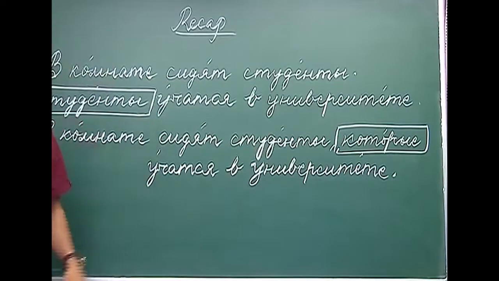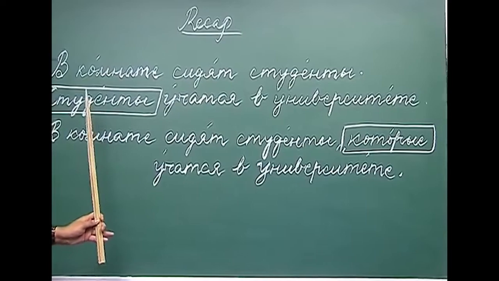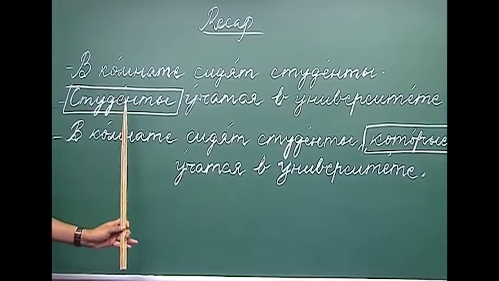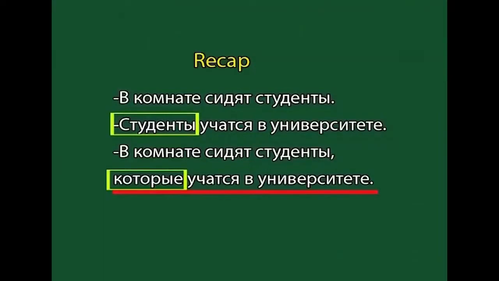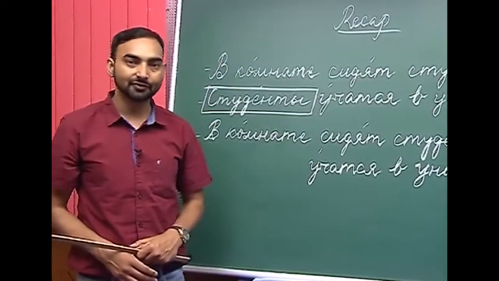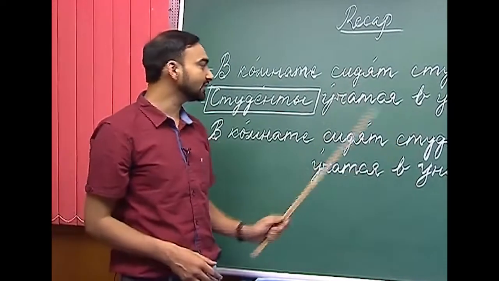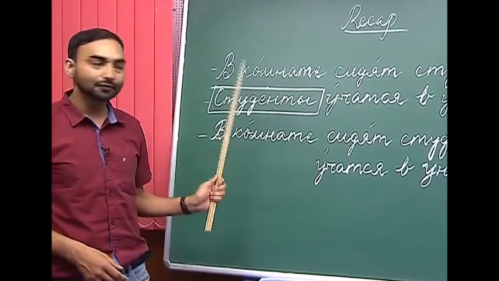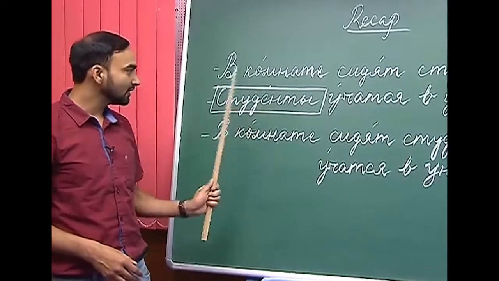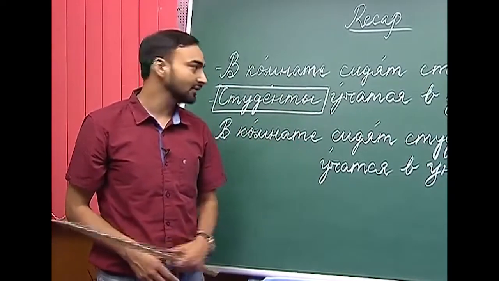As you can see, katori refers to the noun or the subject in the second sentence. As we have already explained, katori declines or agrees with the noun it refers to in gender, number and case. So, let us find out the number, gender and case of studianti in the second sentence. Studianti is the subject here. So, this is in the nominative case.